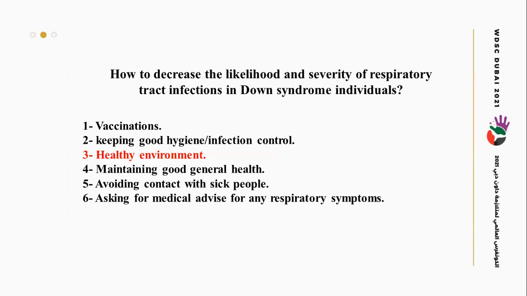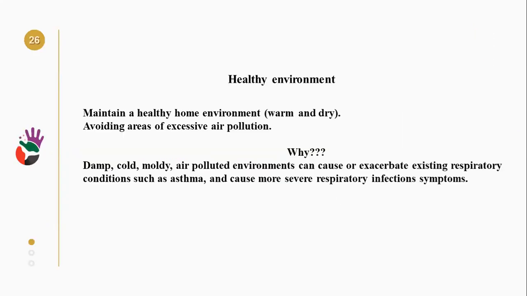The third point is healthy environment. A healthy environment is very important to decrease the respiratory infections. It includes that we should maintain a healthy home environment, which means warm and dry environment, and try to avoid areas of excessive air pollution as much as possible.